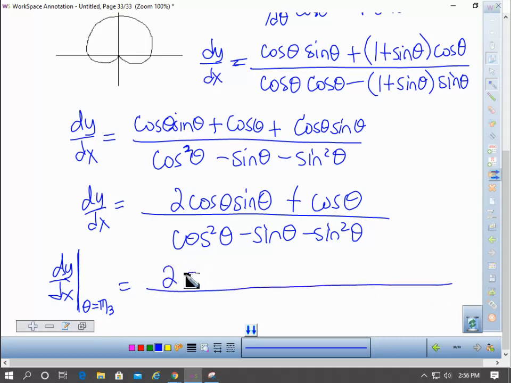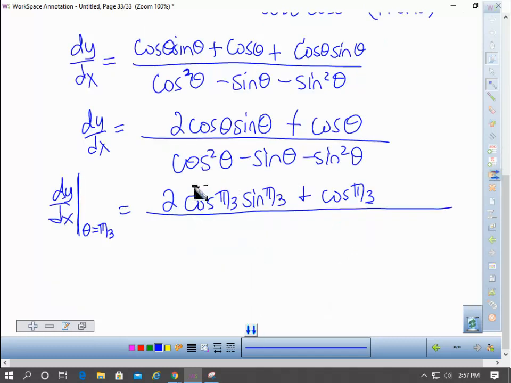I'm going to do 2 cosine pi over 3 sine pi over 3 plus cosine pi over 3, and then that'll be cosine squared of pi over 3 minus sine squared of pi over 3.